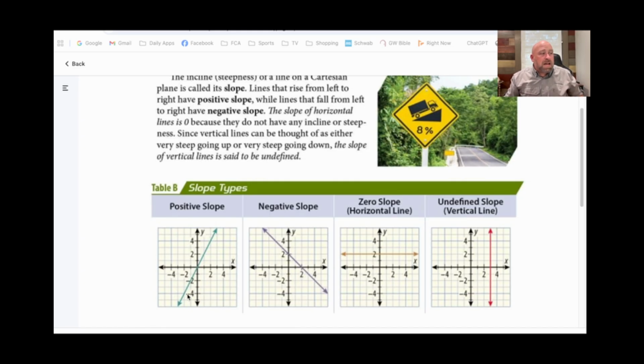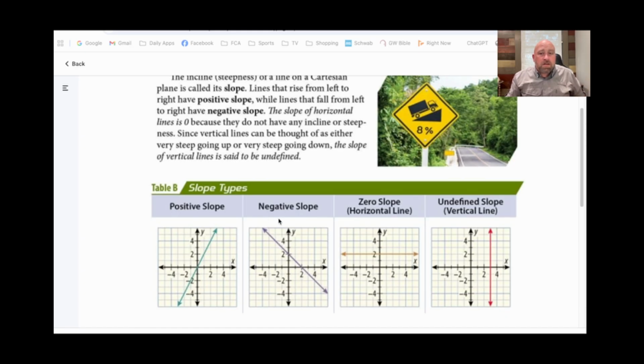Also, if it goes down into quadrant number 3, that is a positive slope. So this line going up and to the right and down and to the left, this is a negative quadrant here, this quadrant number 3. So 2 negatives in algebra makes a positive, so this is a positive slope line.